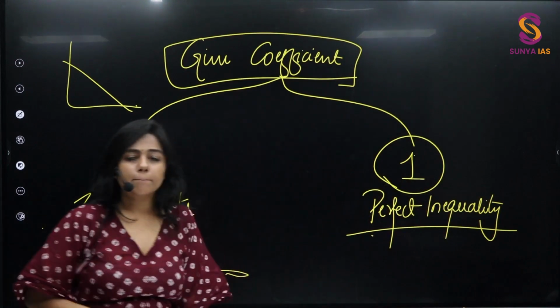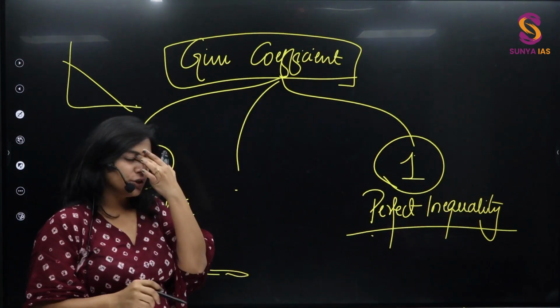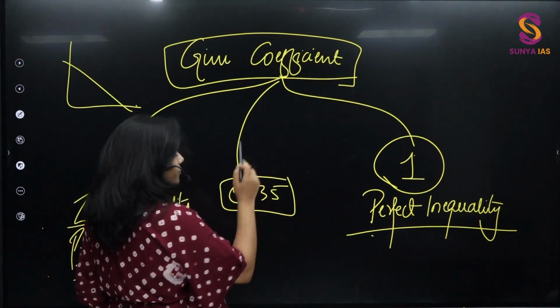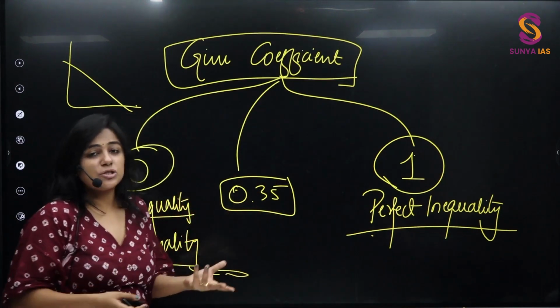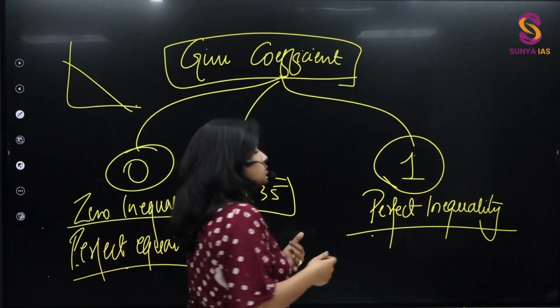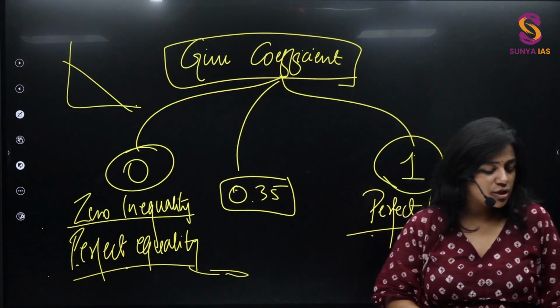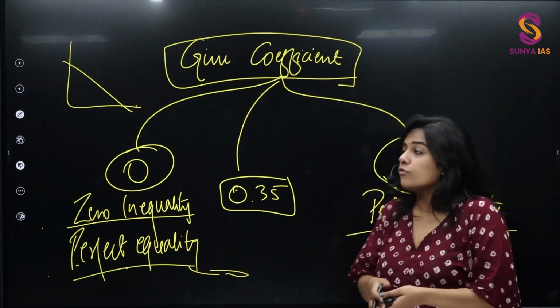Right now, the Gini coefficient of India is said to be 0.35. Although I believe that this is not correctly measured, because India is considered one of the most unequal countries of the world. But somehow the calculation suggests that 0.35 is the Gini coefficient of India.